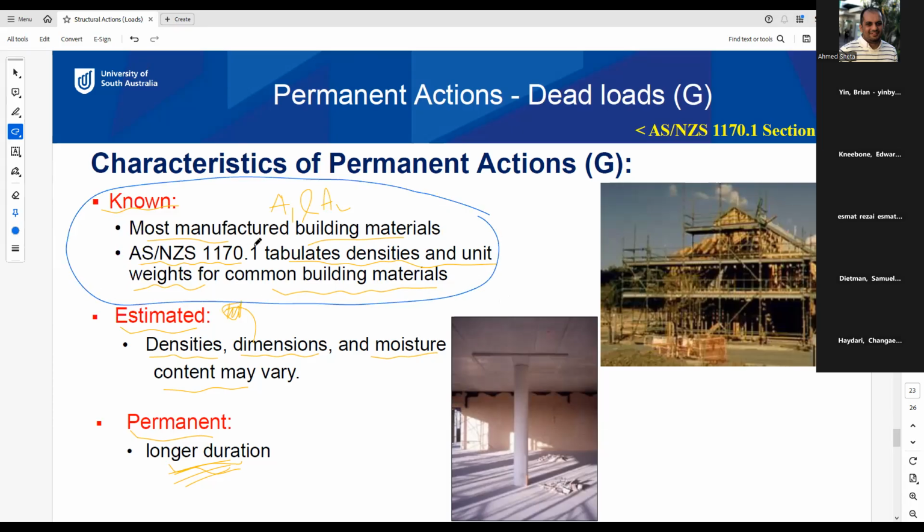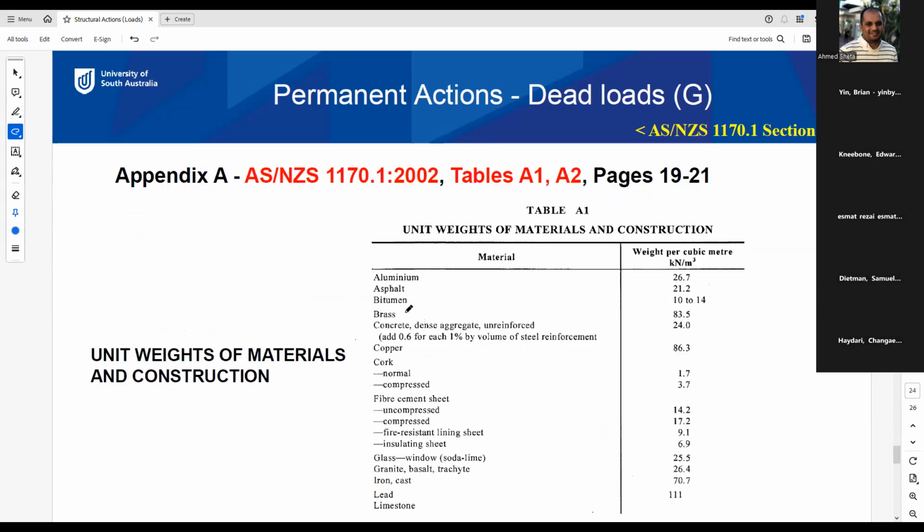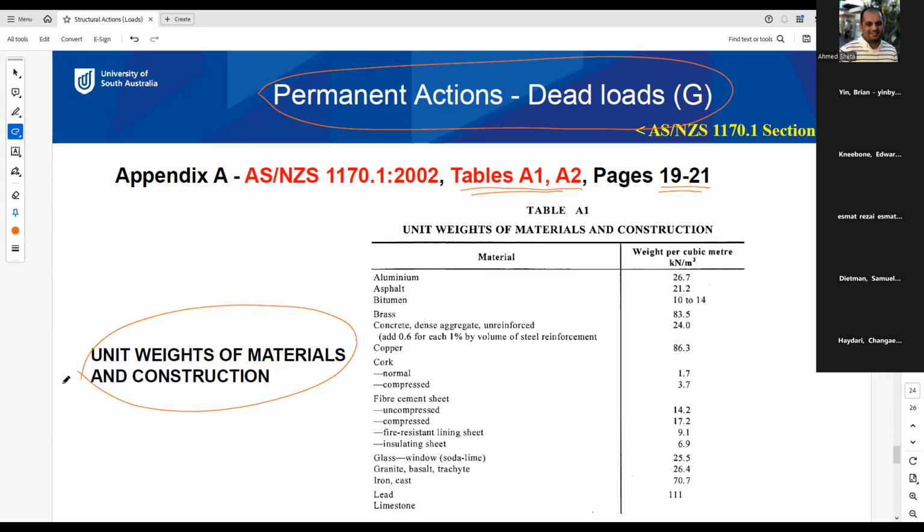So we will be using the Australian Standard 1170.1 tables A1 and A2 to find the dead loads. We have already used this before, but this is just to show how to use it again. All the permanent actions and dead loads will be found in tables A1 and A2 on pages 19 to 21. The unit weight of the materials and constructions will be found here.